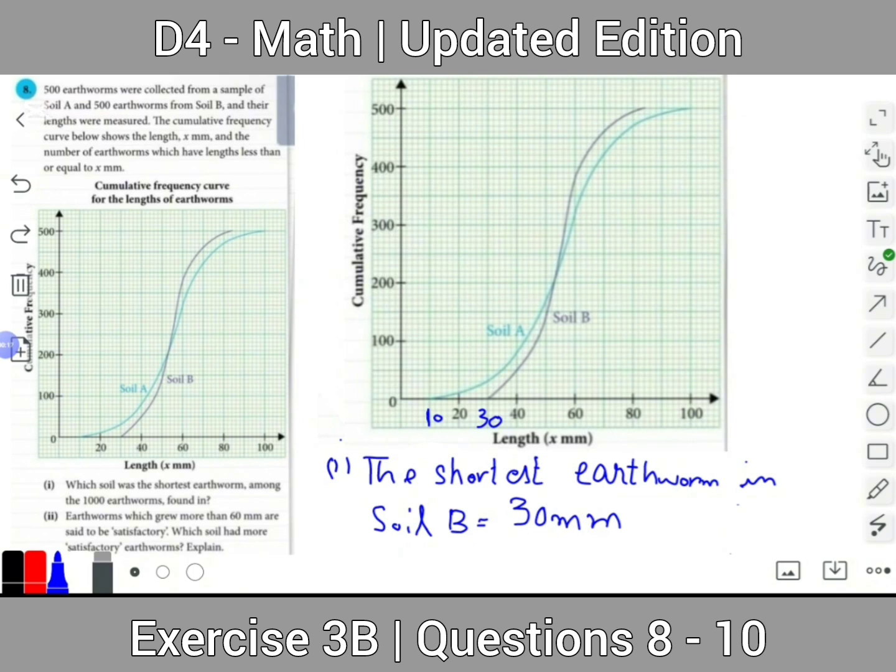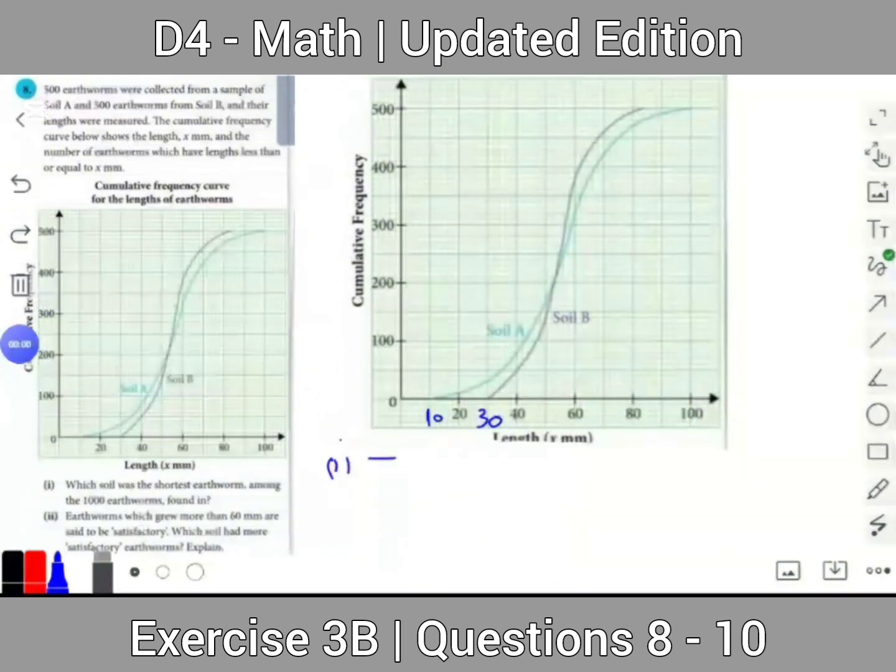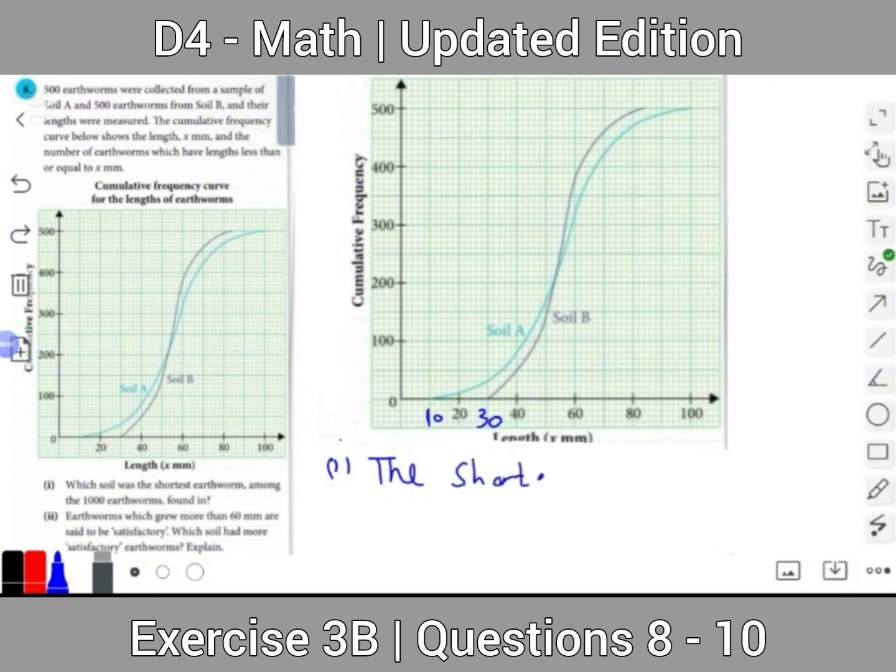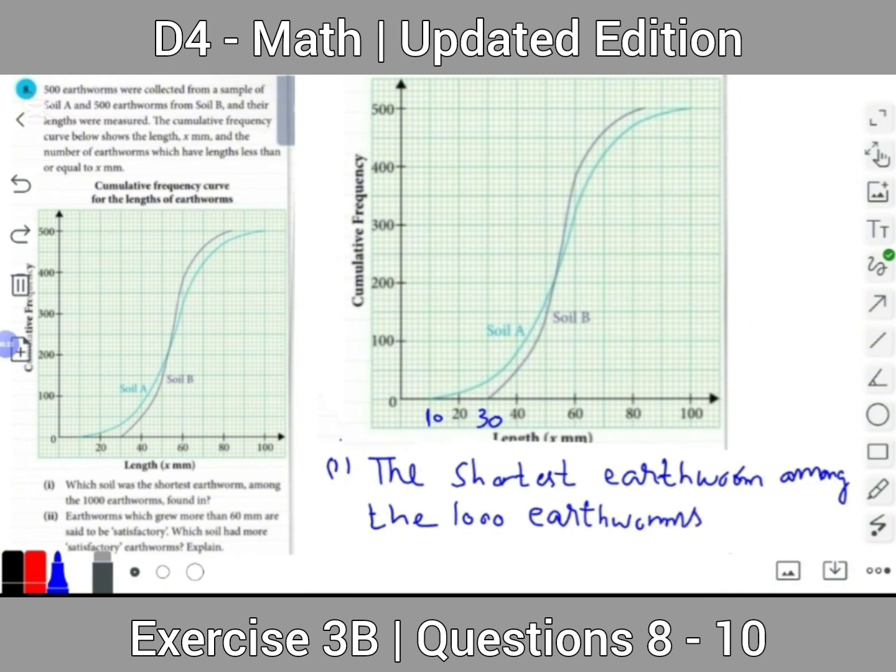So from comparing these two values, we can say that the shortest earthworm among the 1000 earthworms was found in soil A.